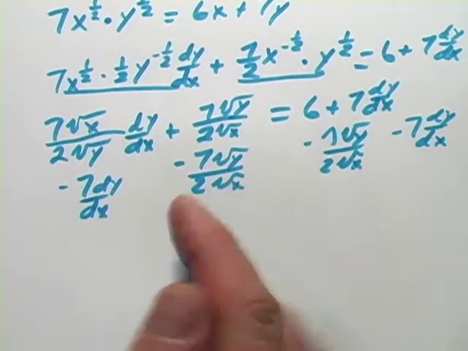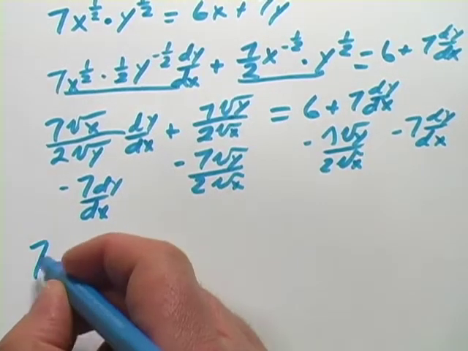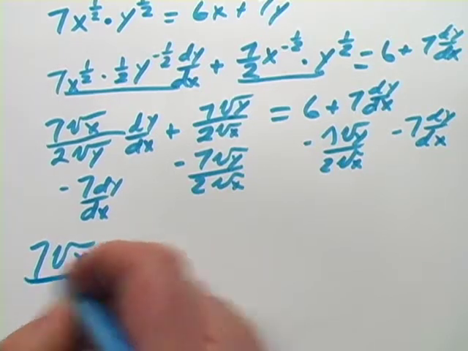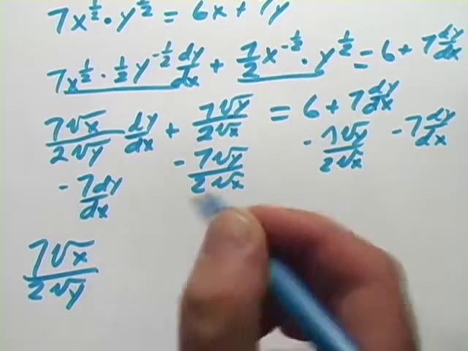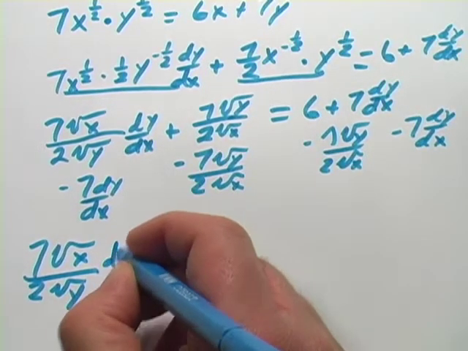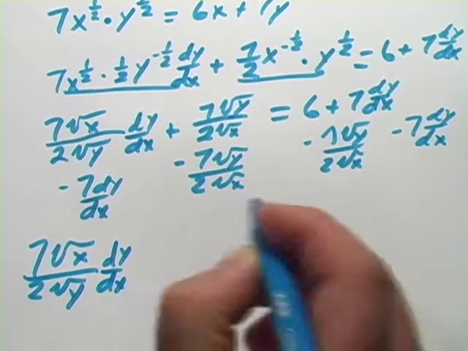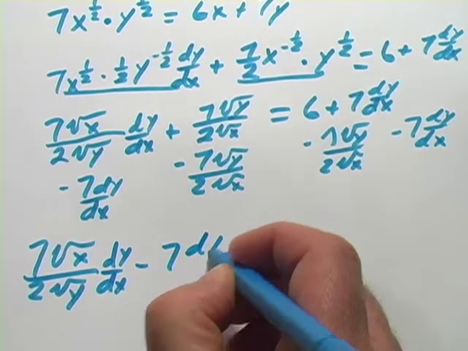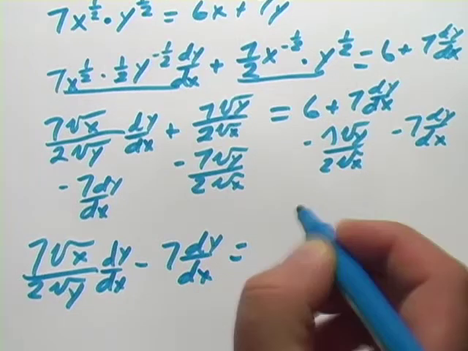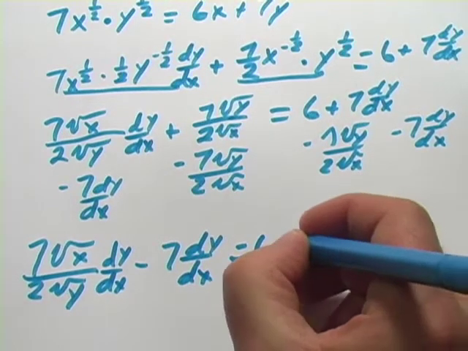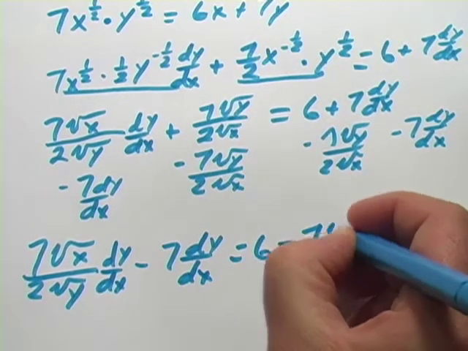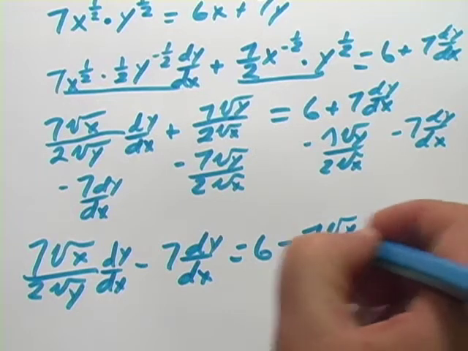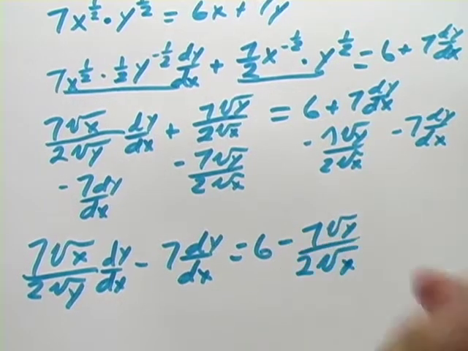All right, once we do that, we have 7 square root of x over 2 square root of y dy/dx minus 7 dy/dx equals 6 minus 7 square root of y over 2 square root of x.